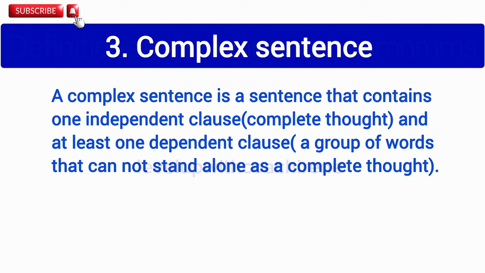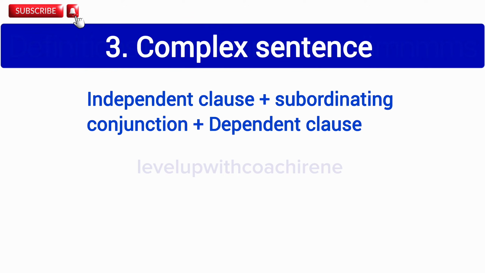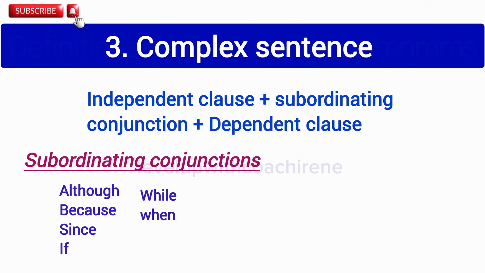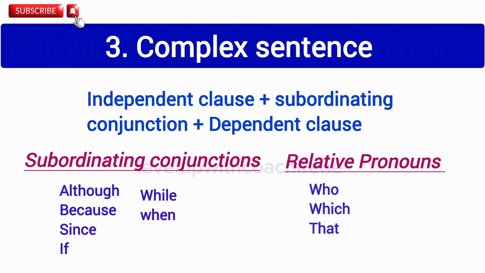The dependent clause is connected to the independent clause by a subordinating conjunction. They include although, because, since, if, while, when, or a relative pronoun, for example, who, which, that.